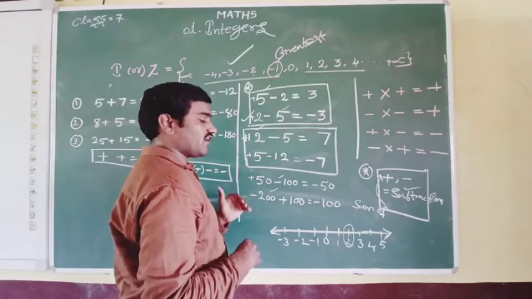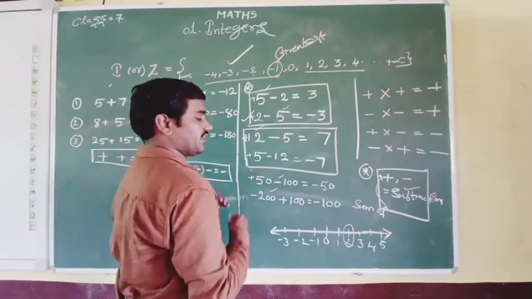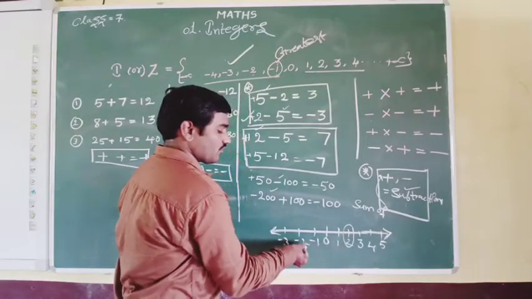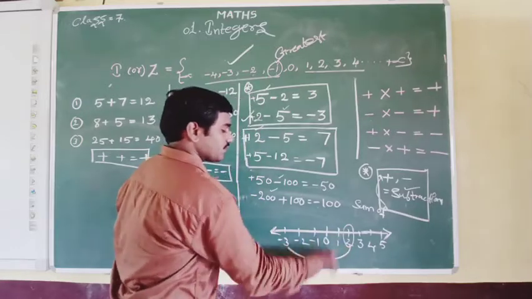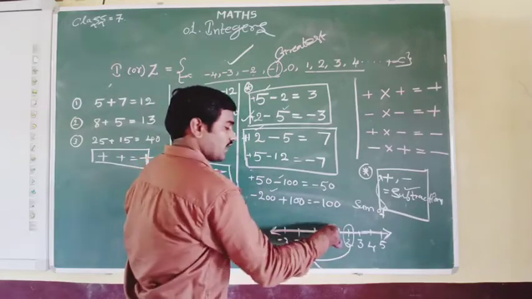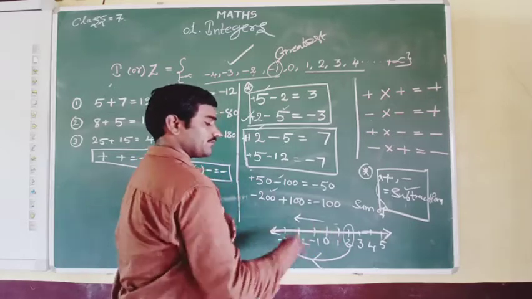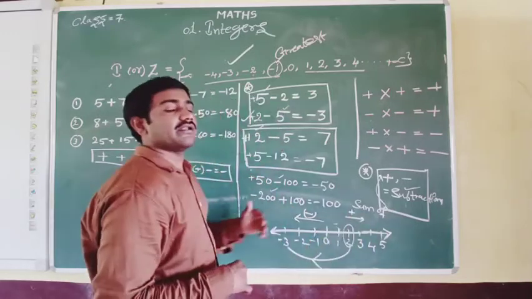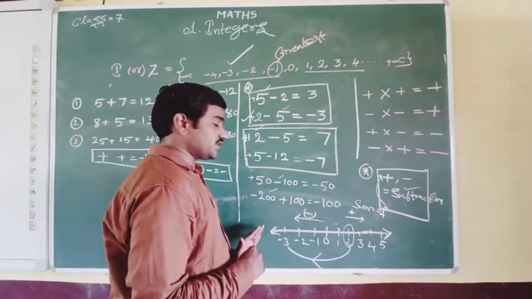Let's move 5 steps to the left side. So 1, 2, 3, 4, 5. From 2 we have subtracted 5 numbers: 1, 2, 3, 4, 5. While subtracting, we have to move to the left side. While adding, we have to move to the right side on the number line. While subtracting, we have to move to the left side on the integer number line.